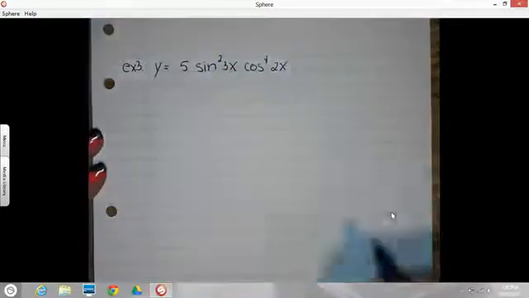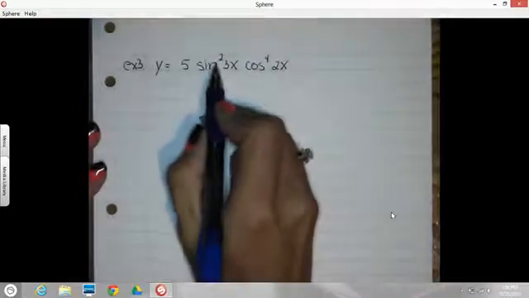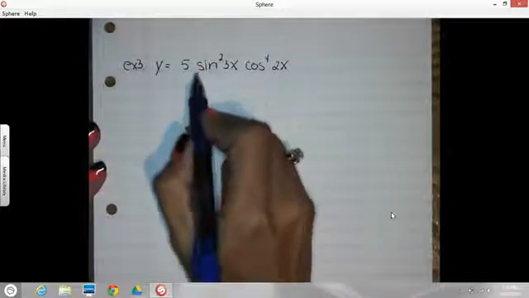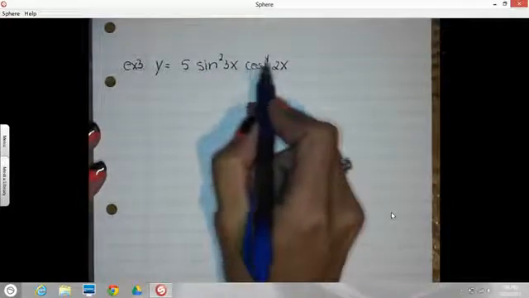Number 3. y equals 5 sine squared 3x cosine to the 4th 2x. Now remember what it means to have that power next to the trig function. That means you have an inside squared, and here you've got an inside to the 4th.